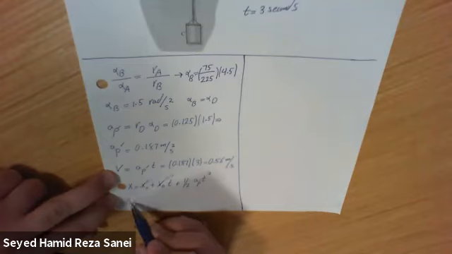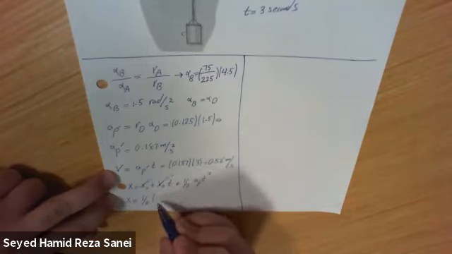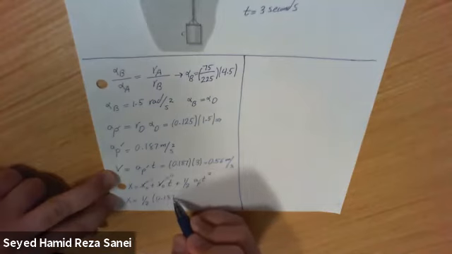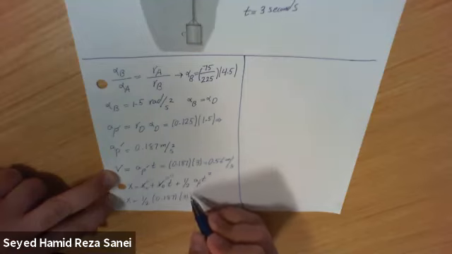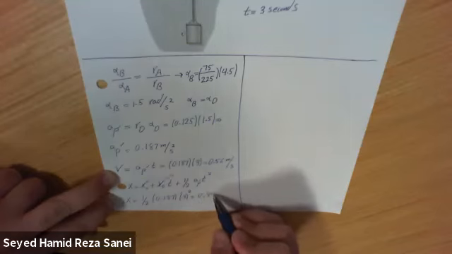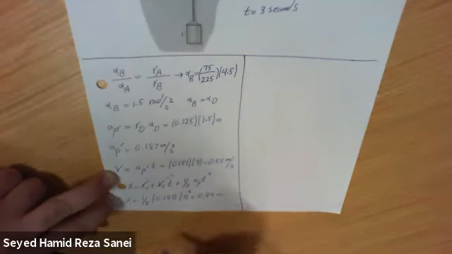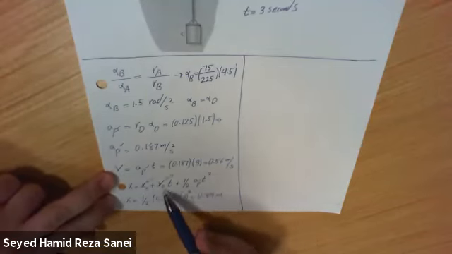So the distance that it travels is half of 0.187 times the time, 3 seconds, squared. So I can find x, 0.84 meter. So that's the distance that it travels. I have the acceleration, the initial velocity is 0, I have the time.